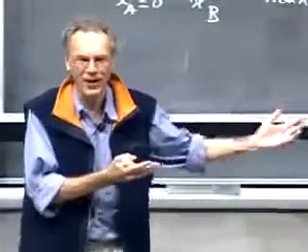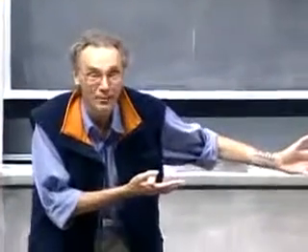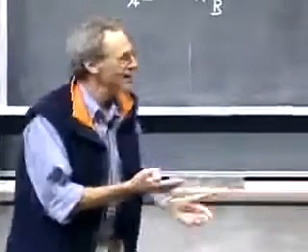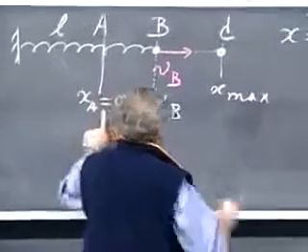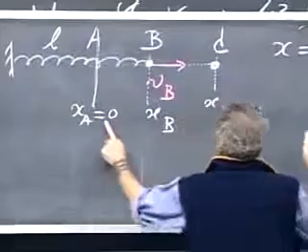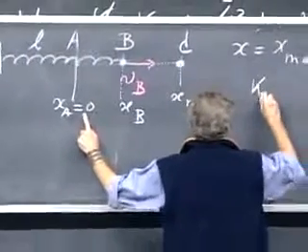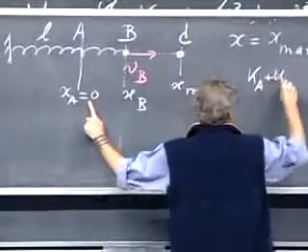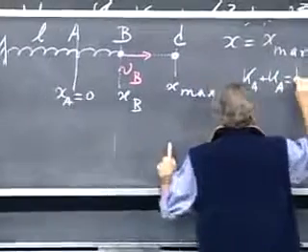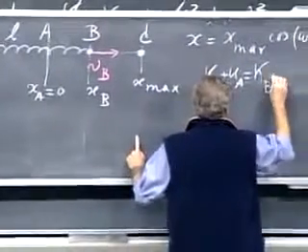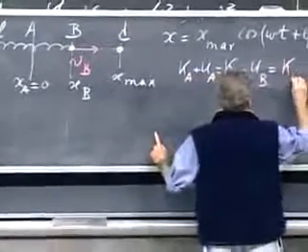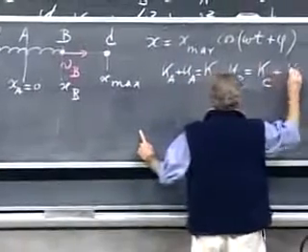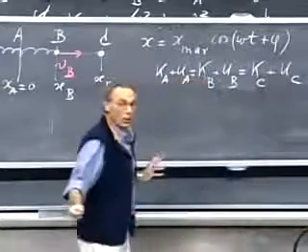So speak up. Shall we try the conservation of mechanical energy? Is anything wrong with that? Maggie, nothing wrong with it. Let's try the conservation of mechanical energy. The conservation of mechanical energy tells me that the kinetic energy at A plus the potential energy at A must be the kinetic energy at B plus the potential energy at B, and that must equal the kinetic energy at C plus the potential energy at C. Right?